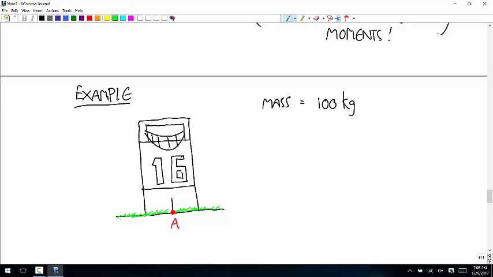And let's say that a defensive player, oh, we need to give dimensions here. So let's say this is 0.3 meters, and let's say that's 0.5 meters, and that's 2 meters.